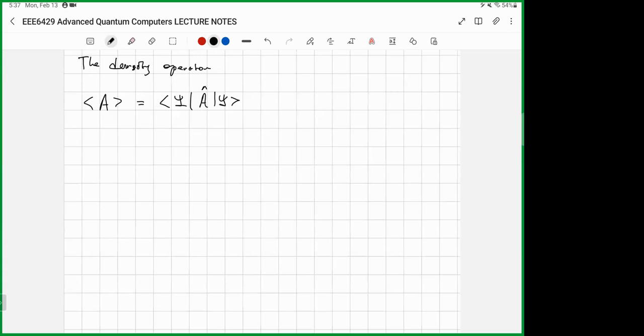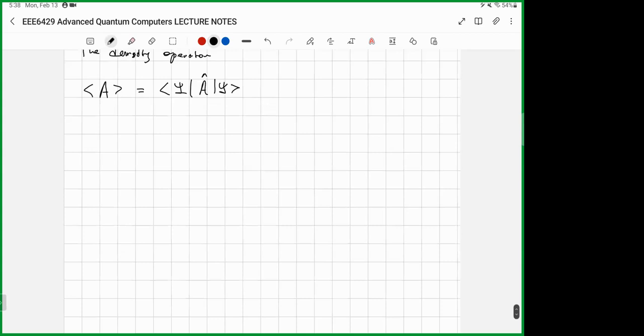So basically, this is the expectation value, the value that we most likely observe in the experiment. Or, well, actually, after doing the experiment many times. So this is the average value of the quantity.